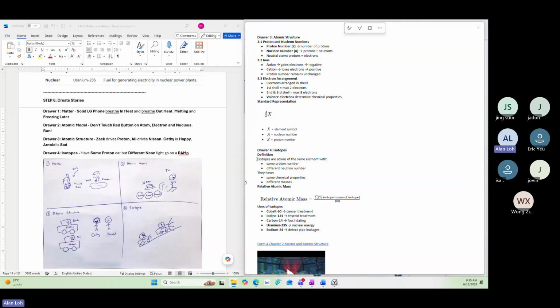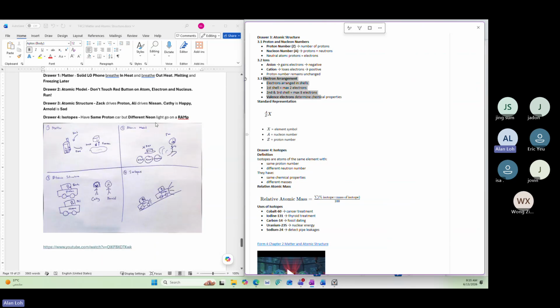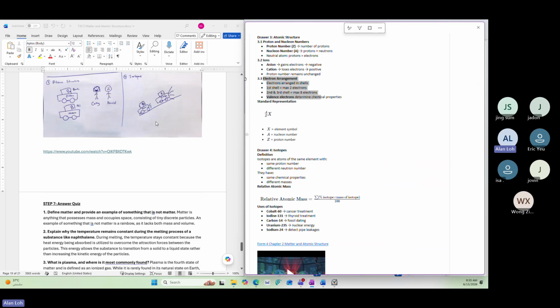You can write about this standard representation, Z and also the N, the A, and Z. Then what does Z represent? What is A representing? Right. Then you can also talk about cation and anion on the ion side. Then you can also talk about the electron arrangement. Okay, so I hope that makes sense.